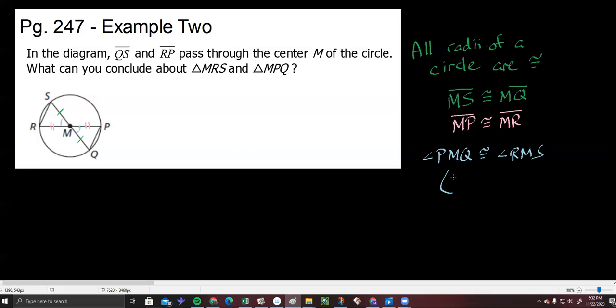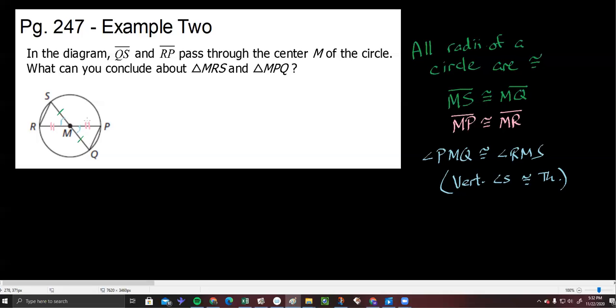And I know that's true by the vertical angles congruence theorem. And notice those angles are my included angles in both of those triangles. So this angle is between my two marked sides over here with triangle MRS, and this angle is my included angle in my triangle MPQ.